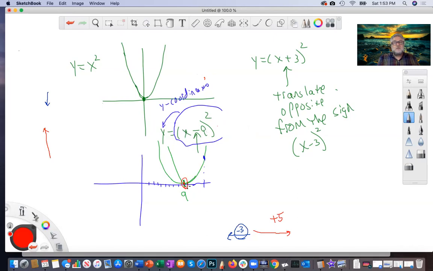That's what it means to be the vertex: when I put in this value, I'm going to get y equals 0. But when I have plus 6 here, if I put 9 in here, 9 minus 9 is still 0. Squared, still 0. Plus 6. So now my vertex is going to be up here at 6. The whole curve is going to get moved up. So this kind of translation is a vertical translation.